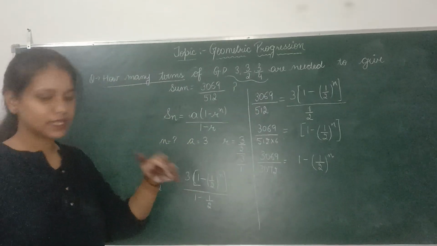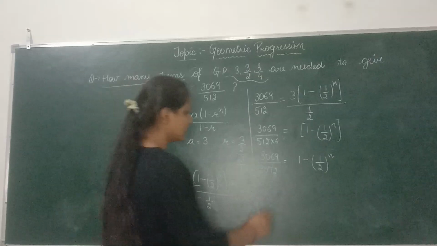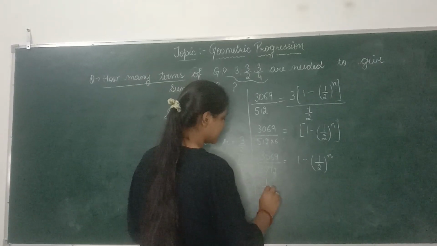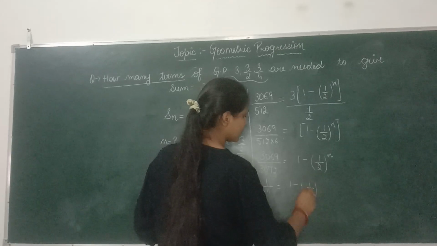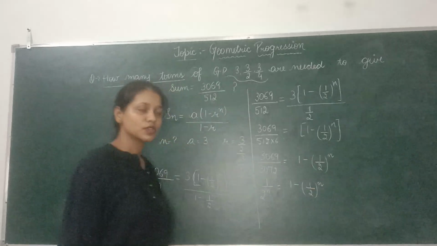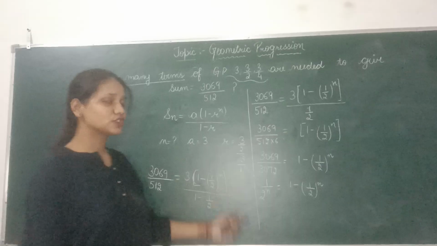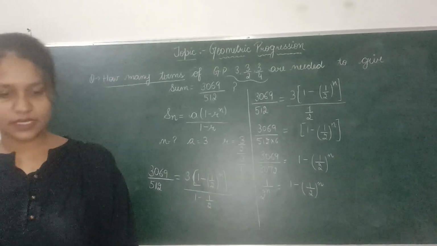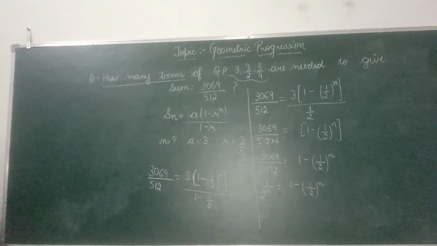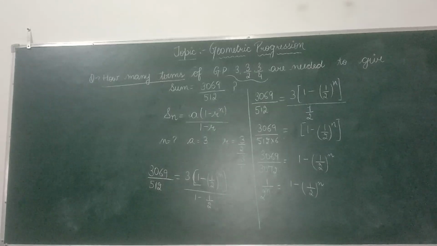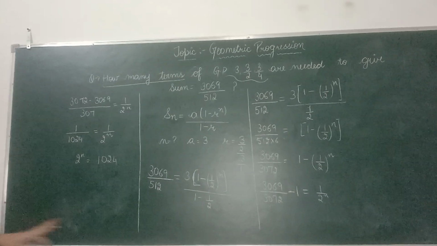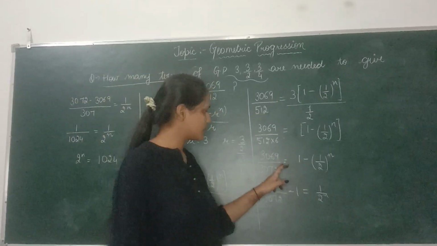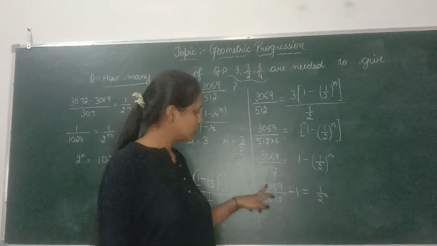So by cancelling these, it will be 1 upon 2 to the power n, which is 1 minus 3069 upon 3072. Taking the 1 on the other side of the equation, it will be minus 1.